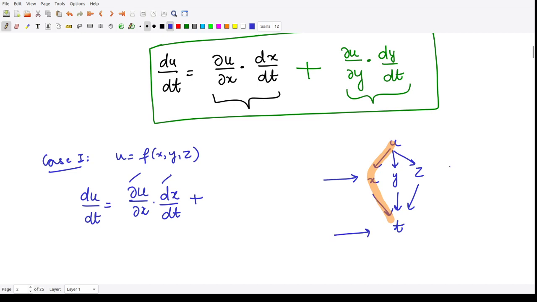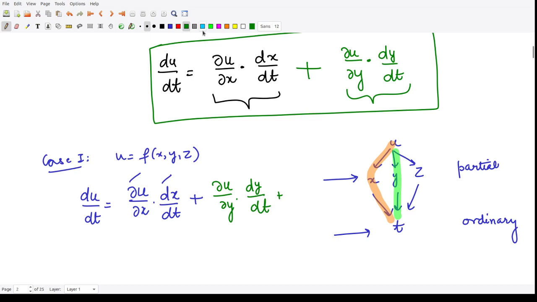So we'll apply the partial derivative at this step, and here we'll apply the ordinary derivative. That is the first step. Now for the second step, we can move from u to t through this path. So I will now have the partial derivative of u with respect to y, and then the complete derivative of y with respect to t.